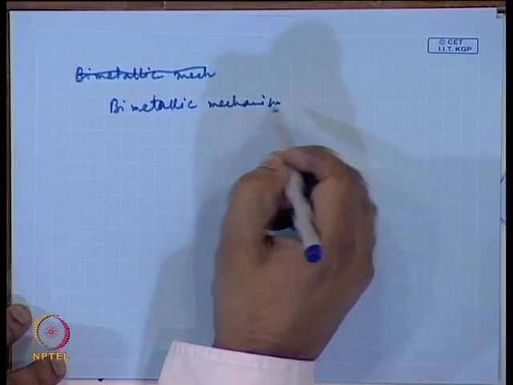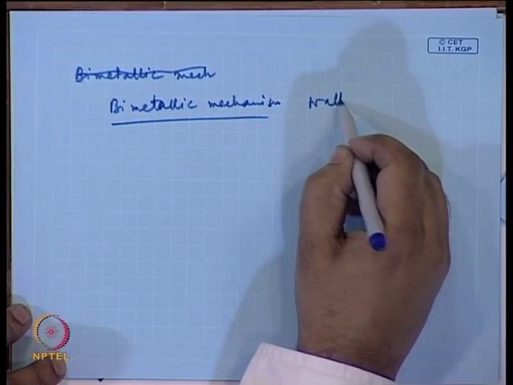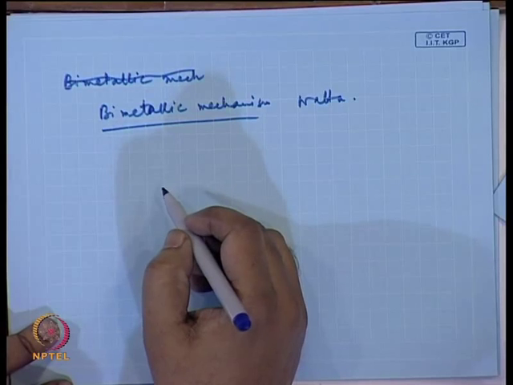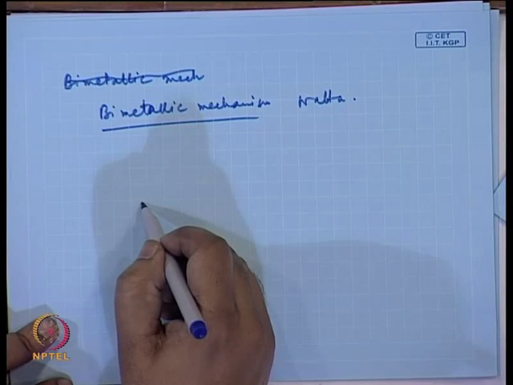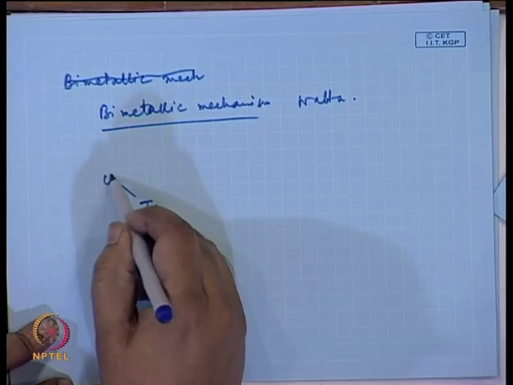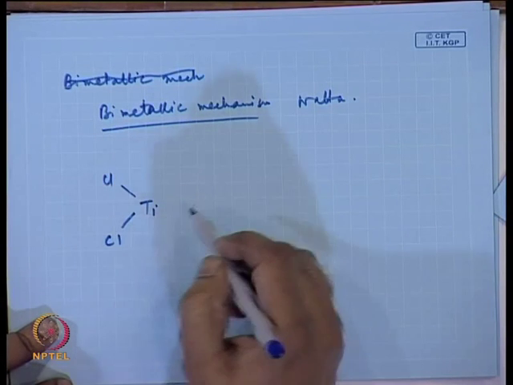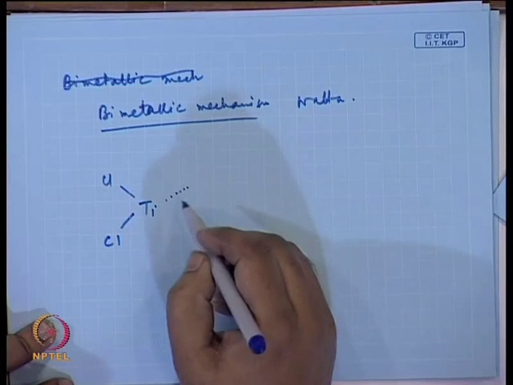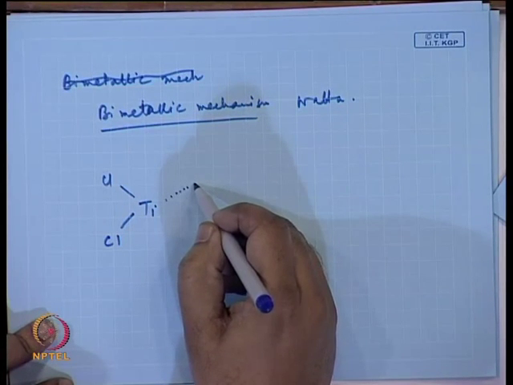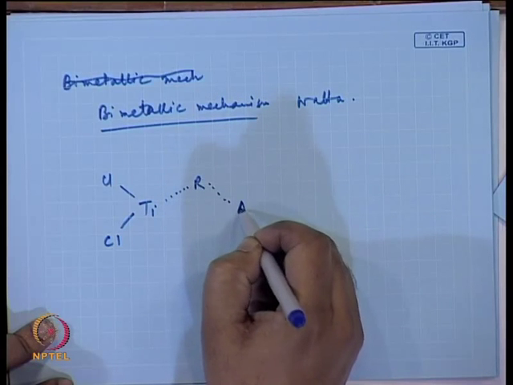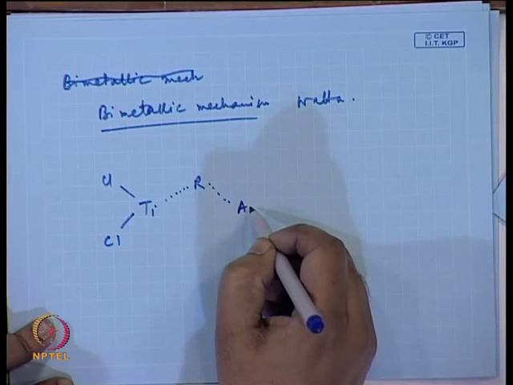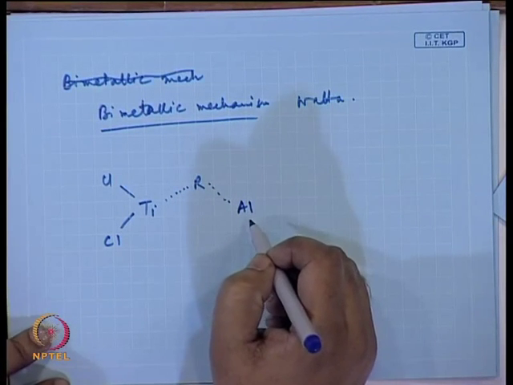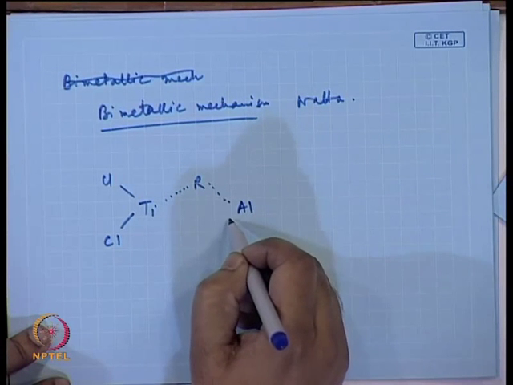This was originally proposed by Natta himself. In this case, the active site is an electron deficient bridged complex formed by chemisorption of the electropositive metal alkyl, with small ionic radius, on the surface of the catalyst.